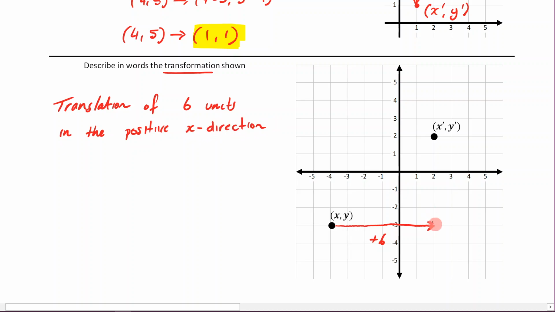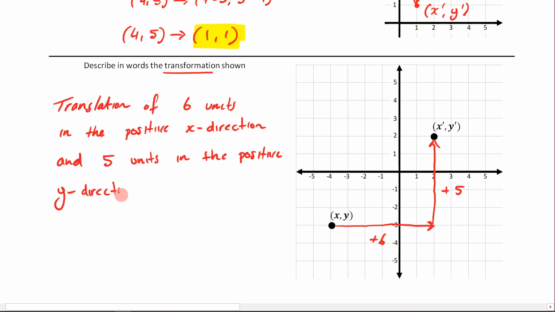And then it looks like I'm going 1, 2, 3, 4, 5. So it's plus 5. And 5 units in the positive y direction. Perfect. And that's what it is. So we've now described that in words.